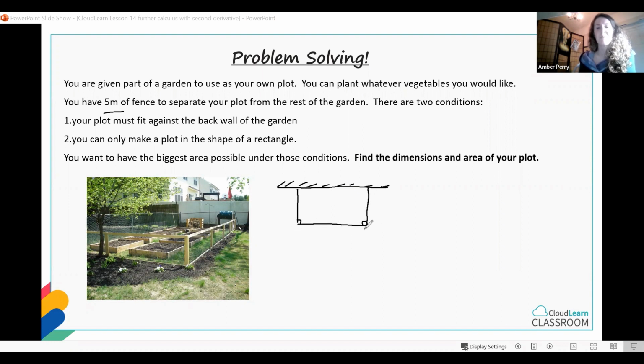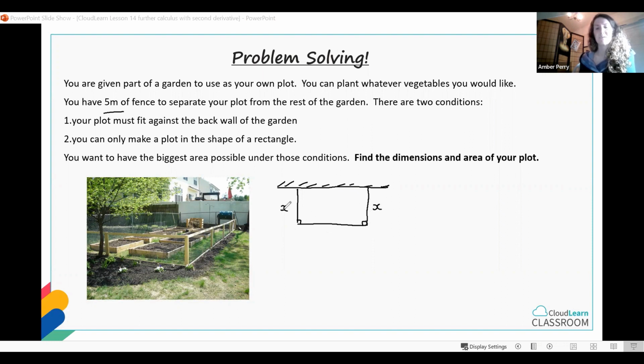So if we're going to make these add up to 5, and we want to make the biggest possible area using these 5 meters, okay? So what I'm going to do is I'm going to say, well, these two are the same. So if I call these X, and I know that this plus this have to equal 5, this is going to be different.